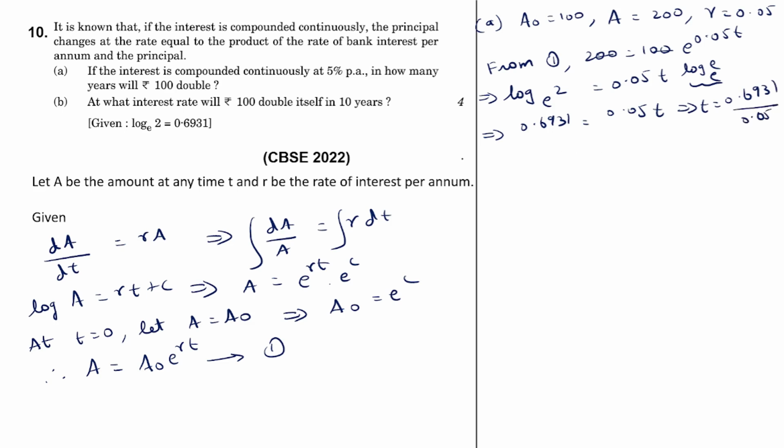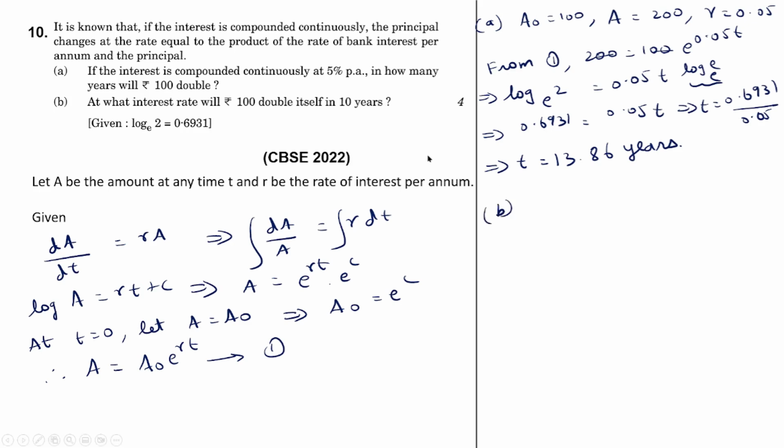It is 69.31 divided by 5. From this we get t as 13.86 years. So the time period in which rupees 100 will double when the interest is compounded continuously at 5% per annum is 13.86 years.